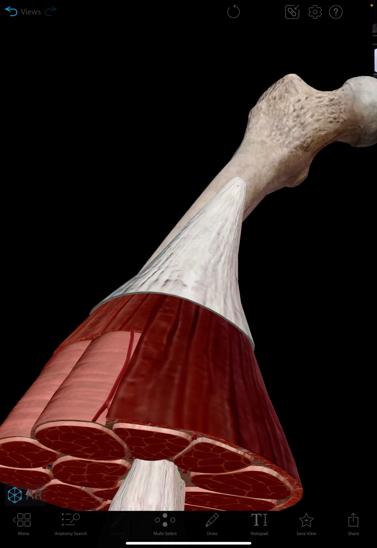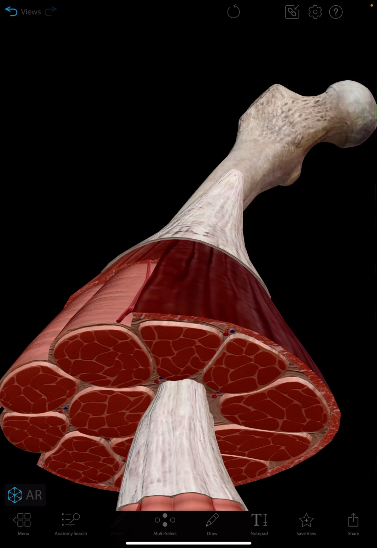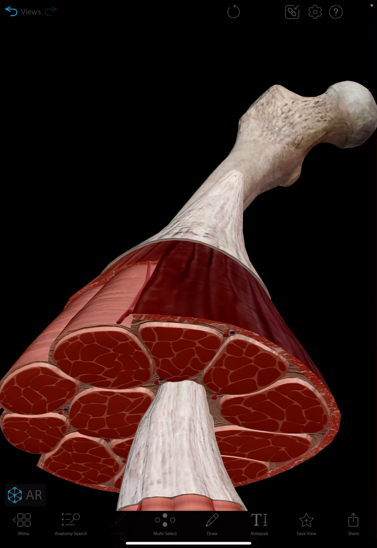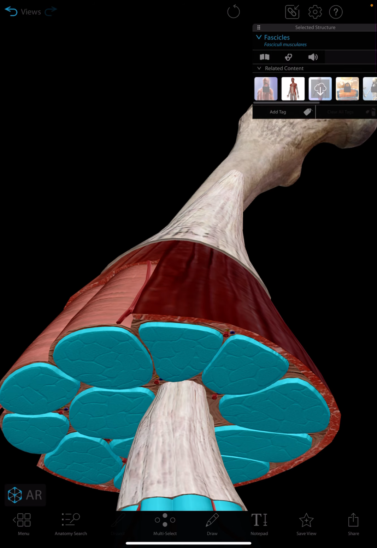Now, a skeletal muscle is made up of muscle fascicles. If I zoom out and move down, within this muscle you can see all these circular regions, which I'll highlight in blue. These are your muscle fascicles. They are circularly arranged and composed of individual muscle fibers.